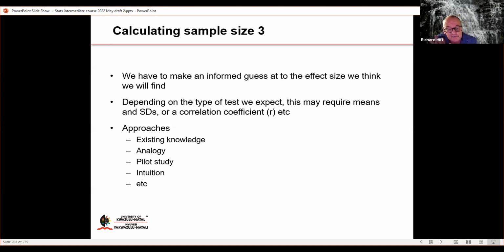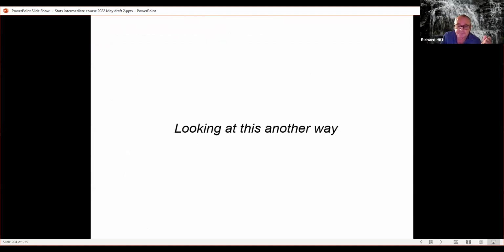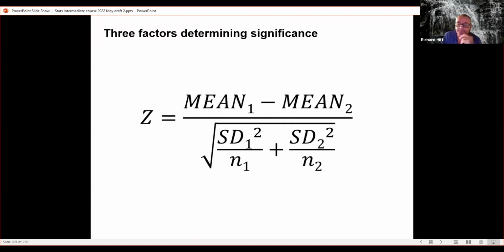If, on the other hand, you find you got it the wrong way around, and the effect size, sadly, is much smaller than you had anticipated, then you're going to discover when you recalculate that your sample size is going to have to be very much bigger than you had thought. So those are the approaches to trying to predict the effect size, which you have to do in order to determine sample size.